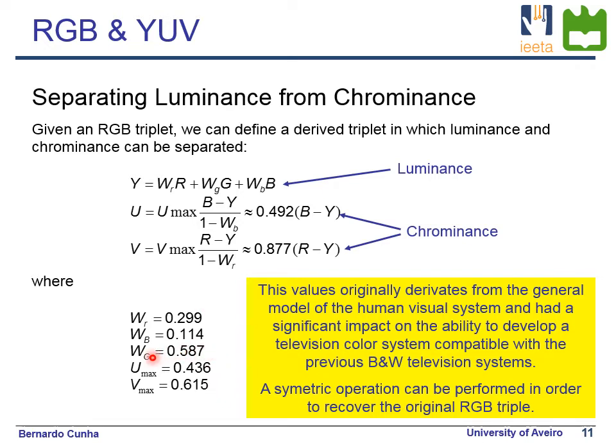The green component will have the majority of the impact in the final luminance, while the red component will have an intermediate value and the blue component will have the lowest one. These three numbers actually derive from the general model of the human visual system, and in the past it had a significant impact on the ability to develop a color television system that could be compatible with the original black and white television systems. So the way we obtain luminance from these three elements is by weighting in this way.